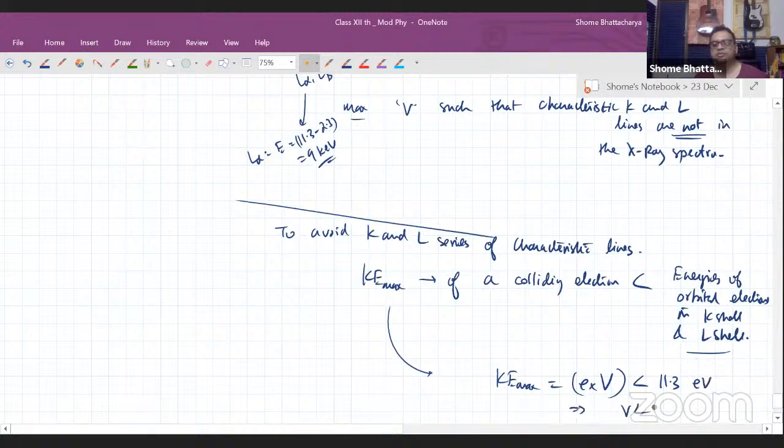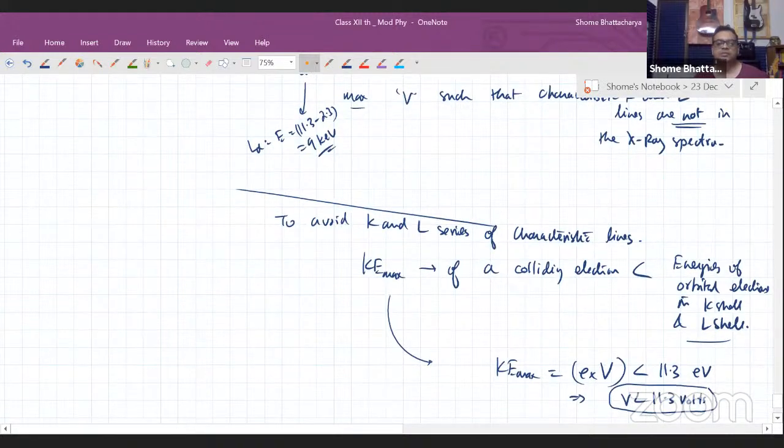So basically, V should be less than 11.3 kilovolts. It's okay that the minimum energy of the L series, L alpha, is 9 kilo electron volts, but that's not the point. To generate this, we first need to make a vacancy in the L shell. So to create a vacancy in the L shell, we need a minimum kinetic energy of 11.3 keV. Okay, so hope you've understood this.